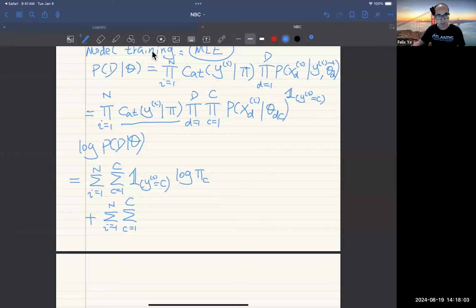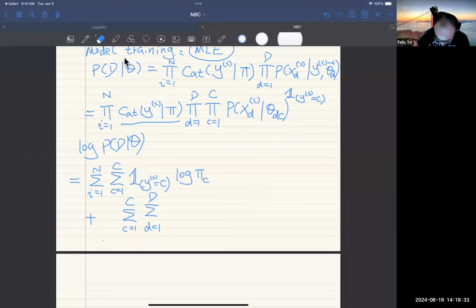I think my notes are missing the summation over i here. This should be summation i from 1 to n, c from 1 to C, and d from 1 to D. Yes, that's right. I'm sorry, I was wrong. I'm right. I need to sum over the corresponding i, that y_i.